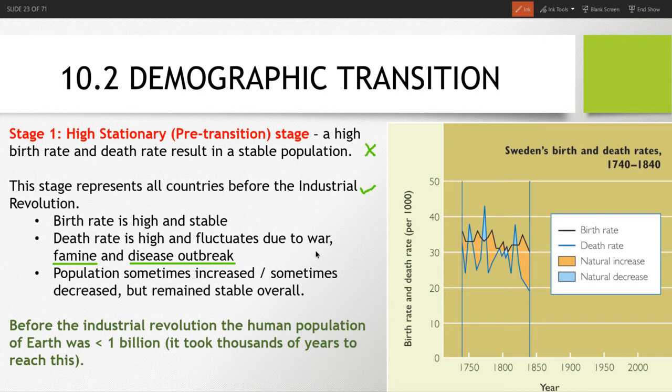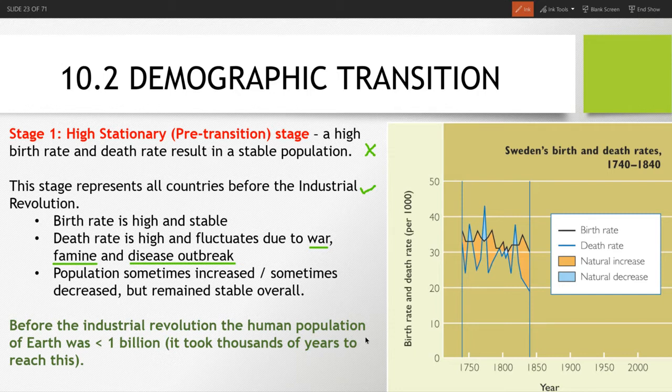Also, human activities like war can affect the death rate, of course. And the population sometimes increases while sometimes it decreases, as we already mentioned. And that will overall produce, when you look at a span of time, as we have in this graph, being about 100 years, the population remains more or less the same.